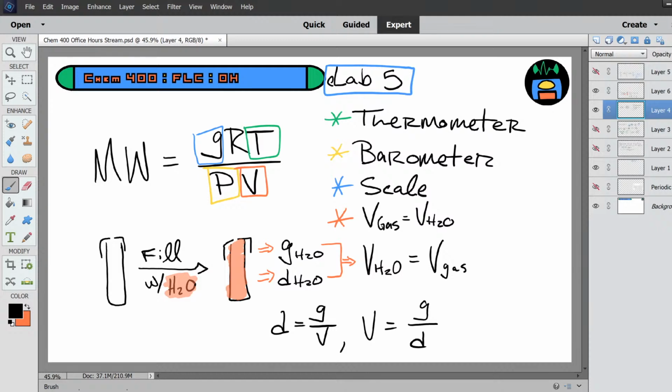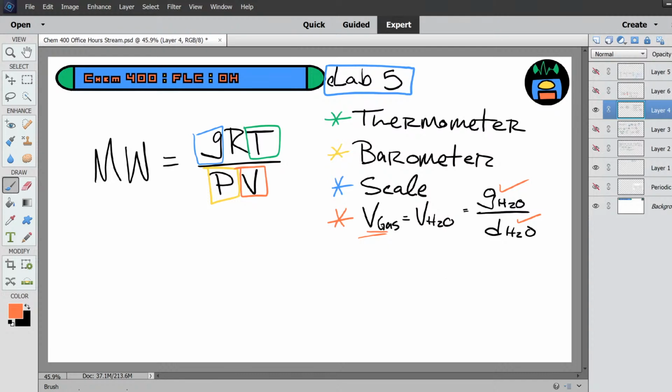You filled it with water and you measured the mass of water and divided that by the density of water. So you measured this, you looked up density, and that's how you get your volume. And then you can take these four quantities and calculate your molecular weight.